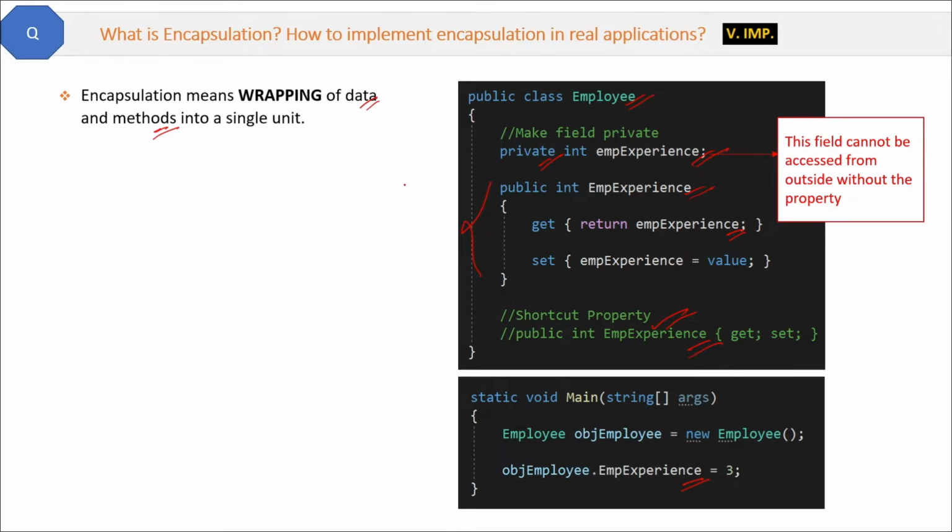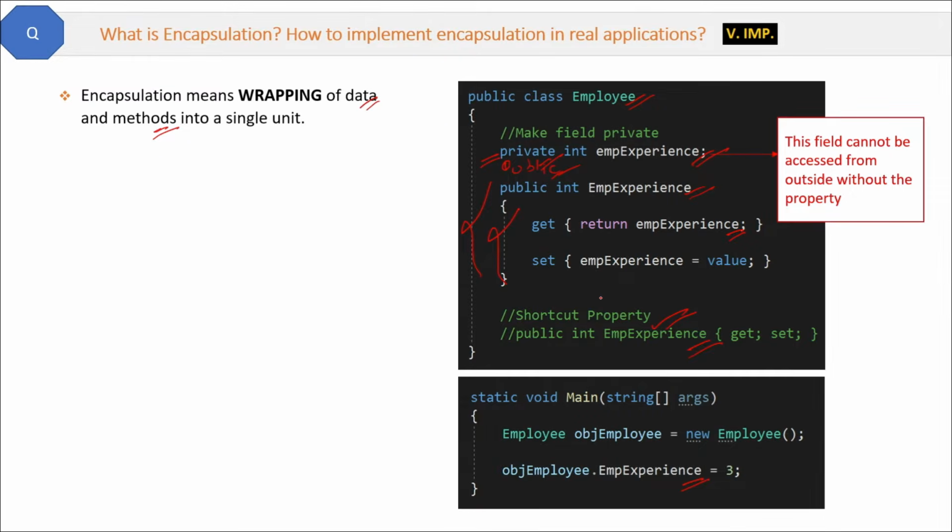Now the question is, why is encapsulation required in real applications, right? In other words, why can we not just make the field or data public and access it from outside? Why make it private and then create the property? That is extra work, right? The reason for creating properties is that they make your data more secure, and via property you can put some additional logic with this field value, like encryption, decryption, so it's a kind of wrapper.